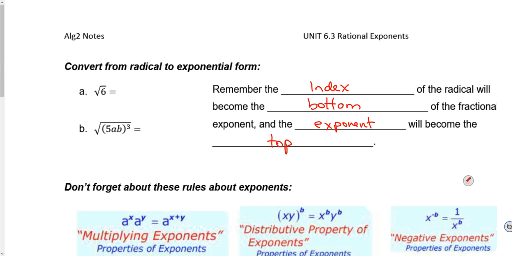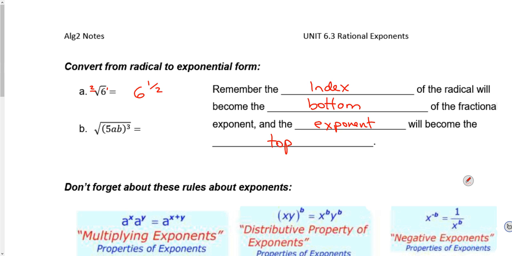So when we did this the first time, I showed you problems that didn't have numbers, but you're supposed to understand that, for example, on this radical, that number is a 2 when you don't see it. We also need an exponent, and when you don't see an exponent, it's a 1. So this problem, when we convert it to the other form, it would become 6 to the 1 over 2.